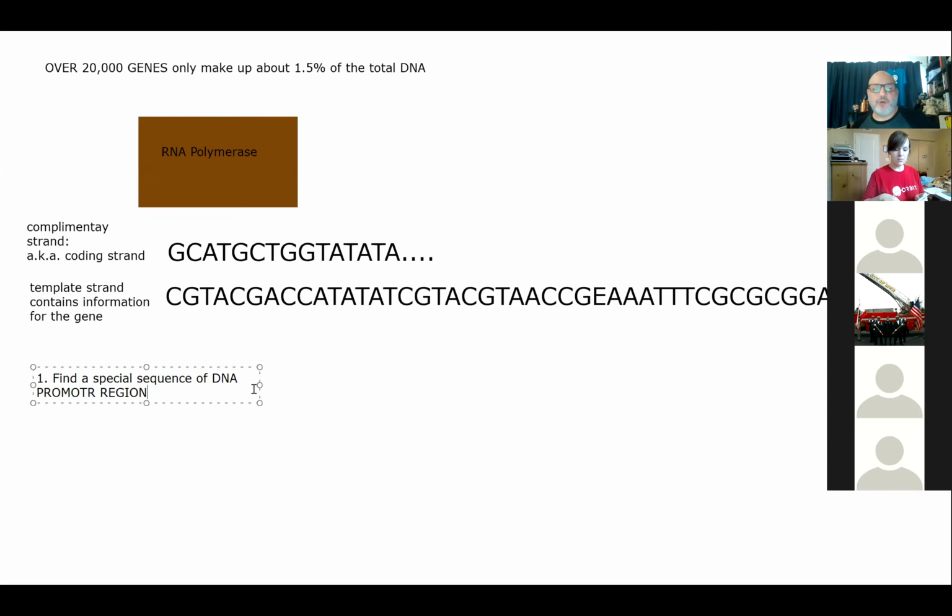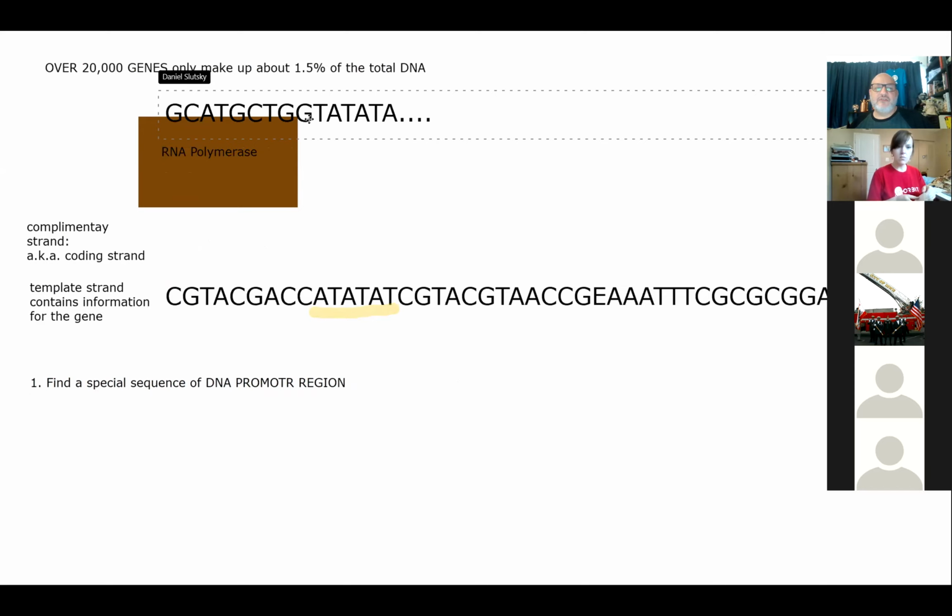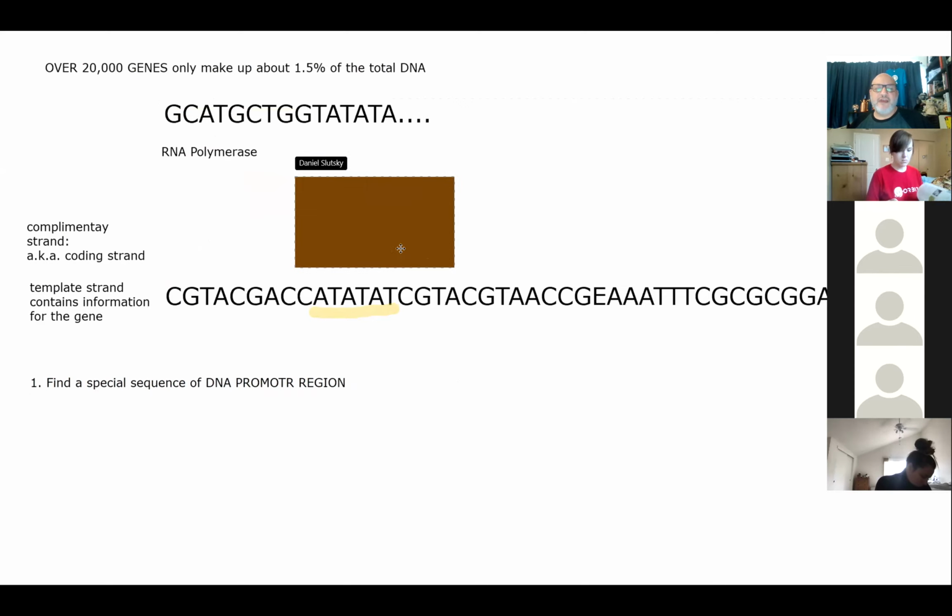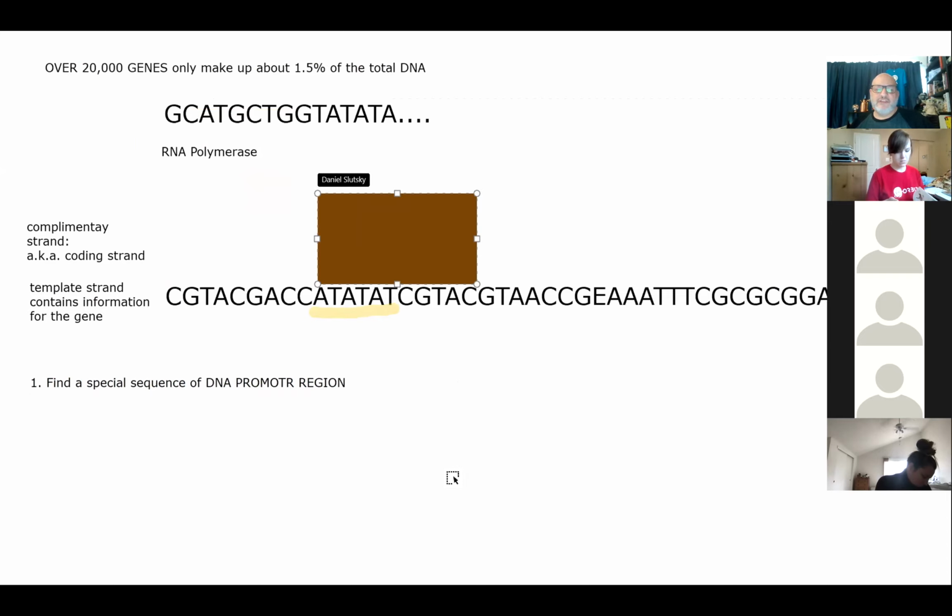There are several promoter regions, and I'm not going to make you memorize them, but they are often things like AT, AT, AT. So notice as this RNA polymerase is moving around, as it's looking at our template strand, lo and behold, it finds that promoter region, AT, AT, AT. And at that point, it is going to separate the two strands, and it is going to bind to this DNA.